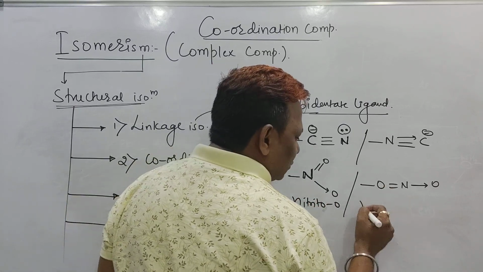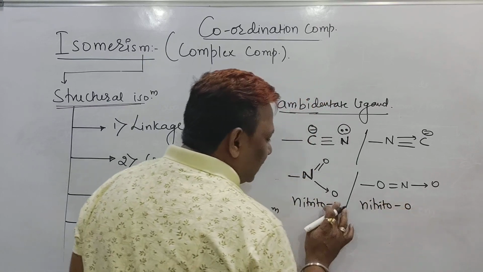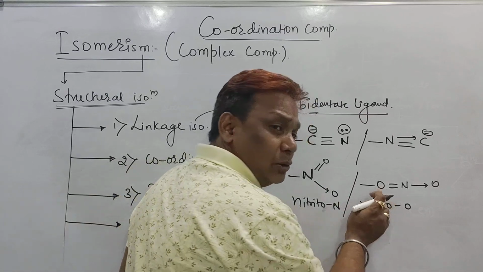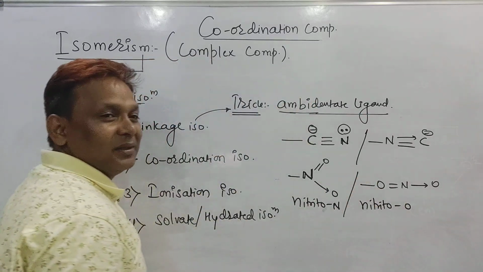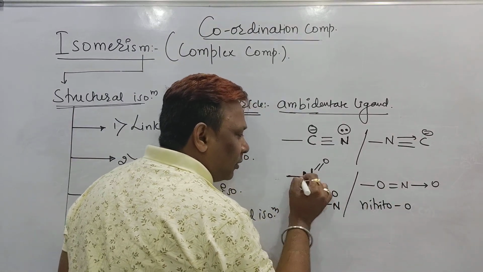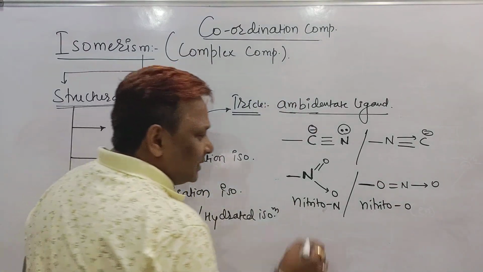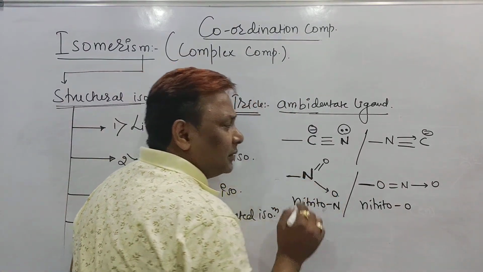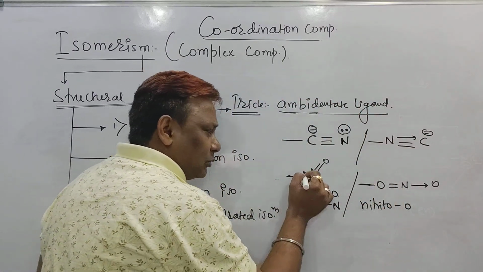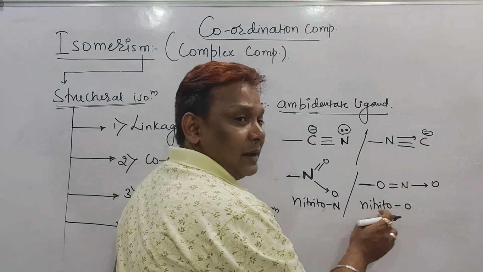If oxygen is the donor, I should call it nitrito-O. In NO2 nitrogen is making a bond, and in this one oxygen is making a bond. Both can make the bond, but when nitrogen is making the bond it is nitrito-N, and when oxygen is making a bond it is nitrito-O.